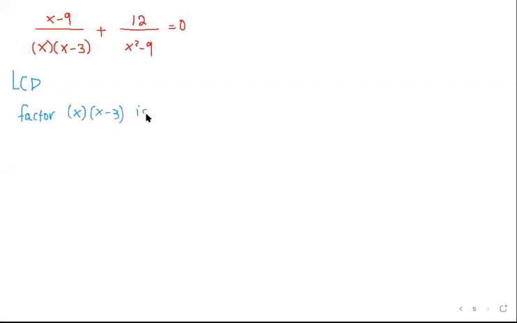Now for the second one, who will give me the factor for the second one? Yes, Angel, what is it? x plus 3, x minus 3. x minus 3 times x plus 3.